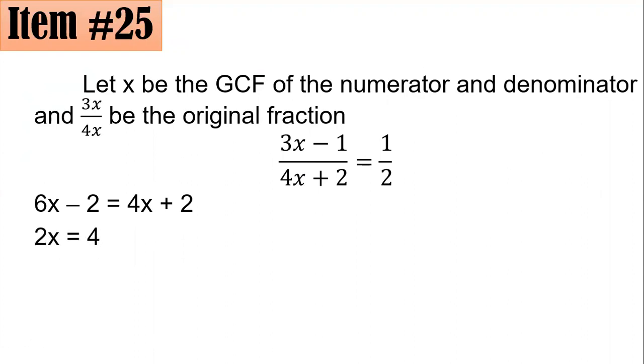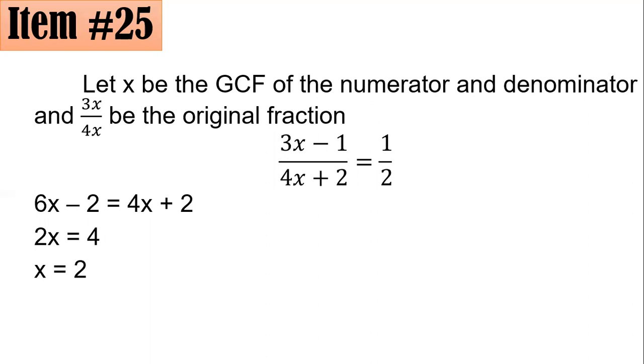Subtracting both sides by 4x and adding 2 to both sides to isolate the terms containing the variable and the constant, we arrive at 2x equals 4. Dividing both sides by 2, we get x equals 2.